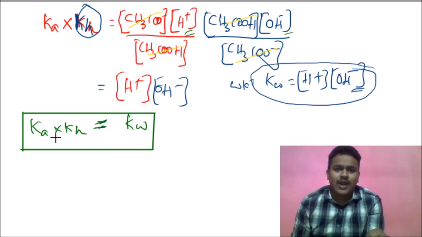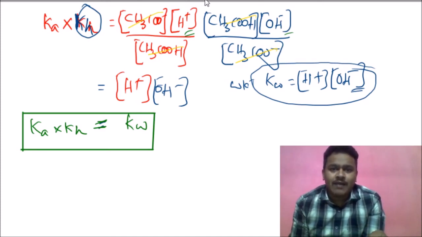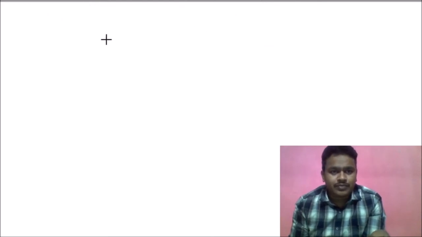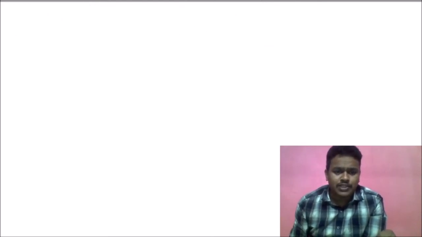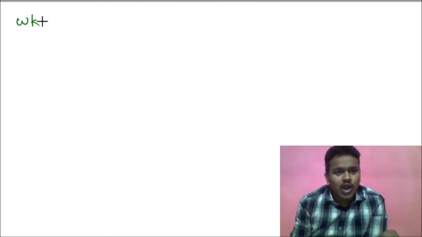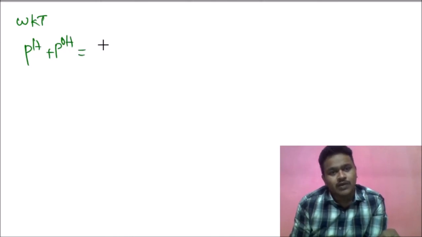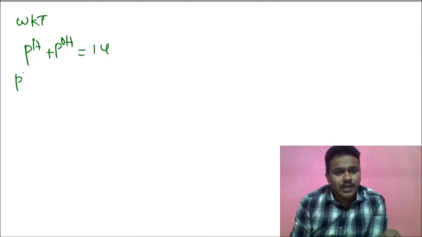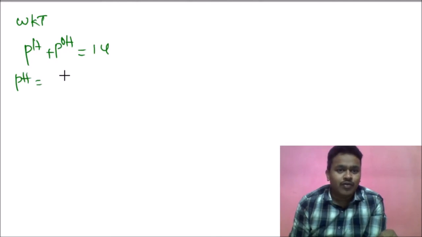Again I will go to another page. I have to talk about pH now. We know that pH plus pOH is equal to 14. pH I need now: pH is equal to 14 minus pOH.